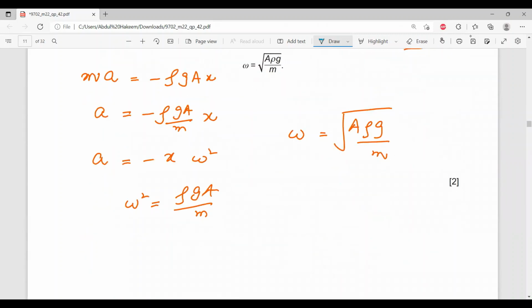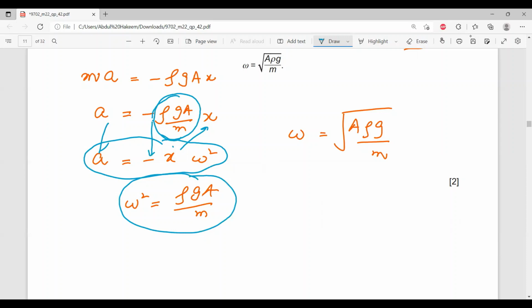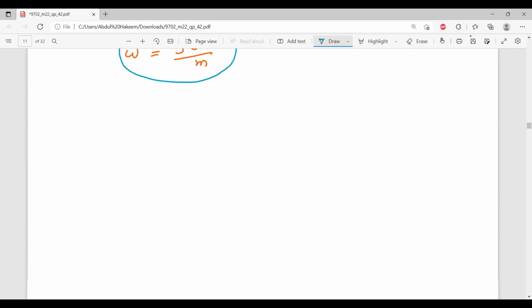So acceleration is equal to minus A rho g over m times x, but the actual equation is a is equal to minus omega square x. So the negative sign is here, x is this. It means this whole fraction is representing omega square. So by comparison, omega square is A rho g over m, hence omega is equal to the square root of A rho g over m. So it's proved.